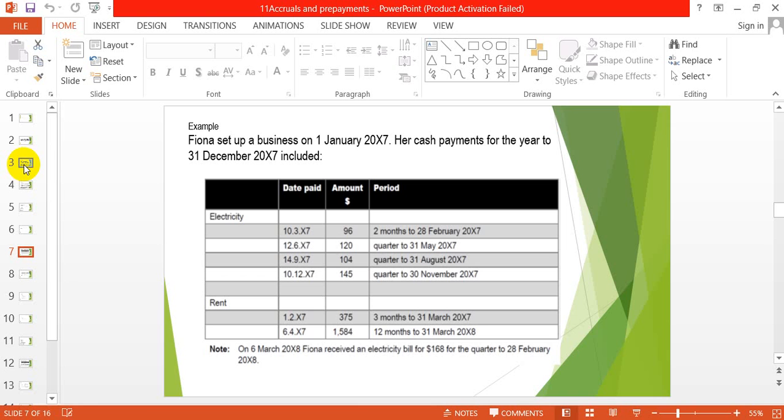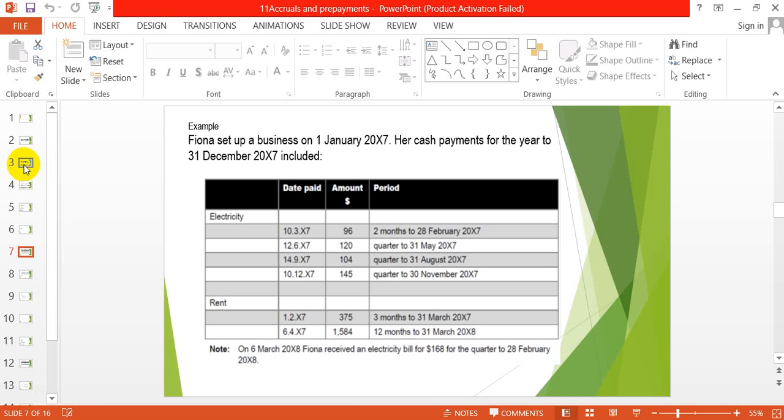So you've got two kinds of expenses, electricity and rent. You're given the dates when the rent was paid and the period for which it was paid, and the same for the electricity: the period paid for and the dates when the payments were made, including the amounts.